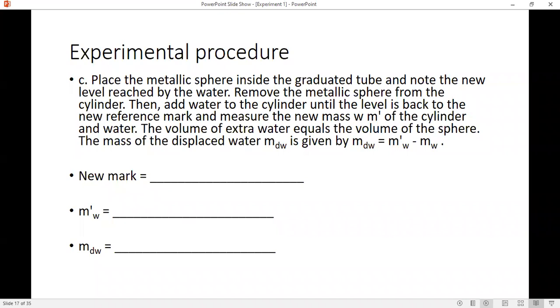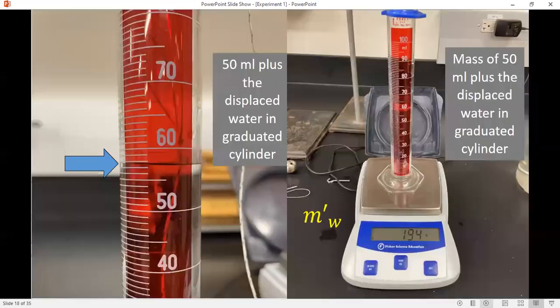Now I record the new mark, right? And I'm going to measure the mass of the cylinder filled to the new water level after I remove the sphere. And I take the difference between my second and first measurement, okay? And that will give me the mass of the displaced water. So here we can see the new mass.